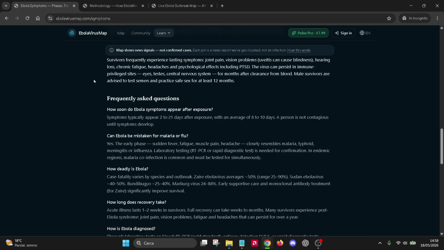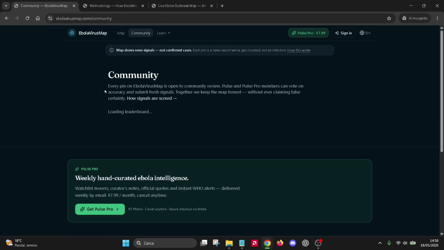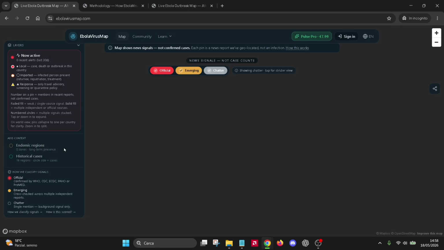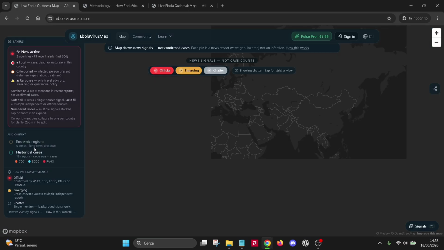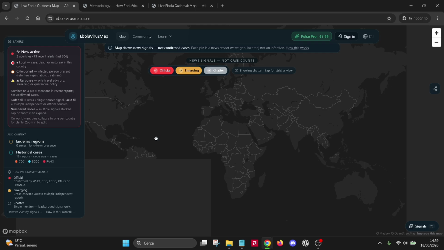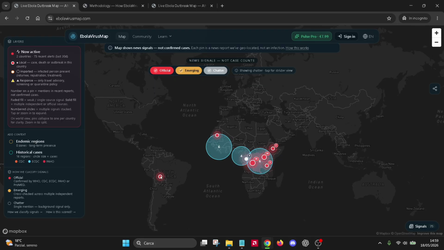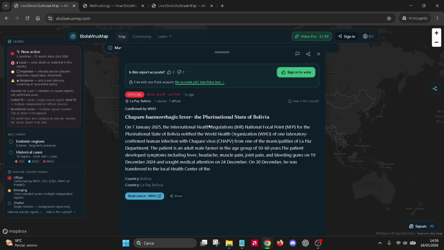Beyond the human tragedy, it demonstrated how quickly a localized outbreak can evolve into an international emergency. It also highlighted the importance of surveillance, rapid response, and transparent communication. Dashboards like this are a direct response to that lesson. They help convert fragmented information into situational awareness.